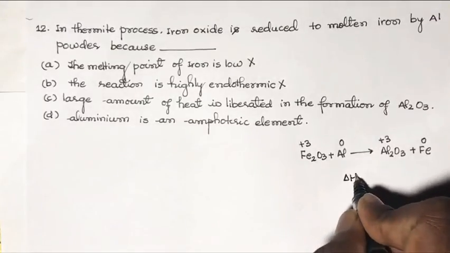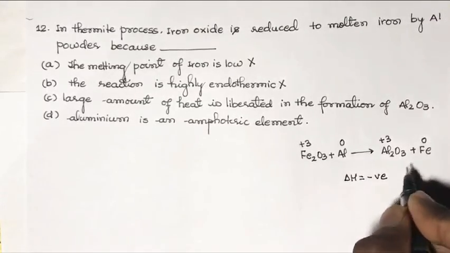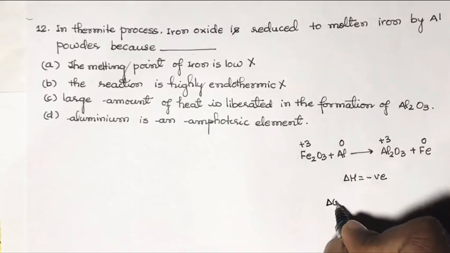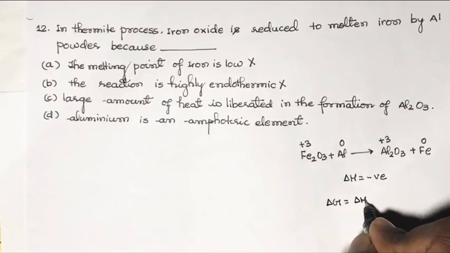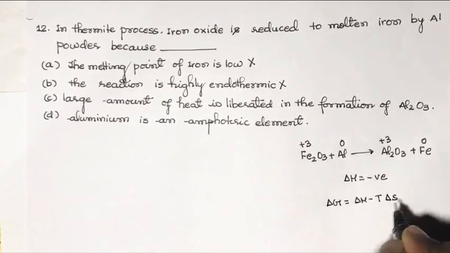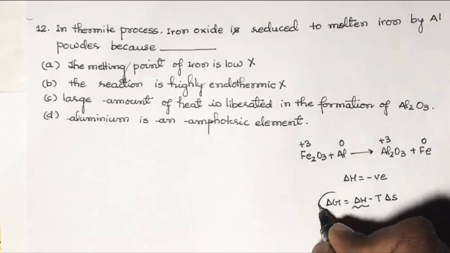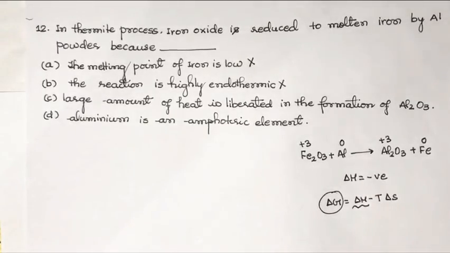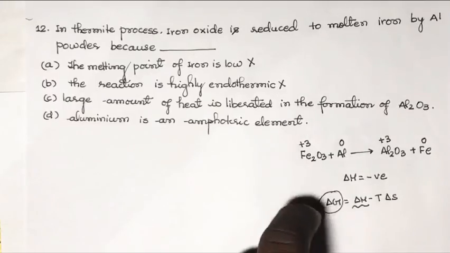Delta H is negative, that is very highly negative, and this is a spontaneous reaction, so we know that delta G equals delta H minus T delta S, and for the reaction to be spontaneous delta G should be less than 0.